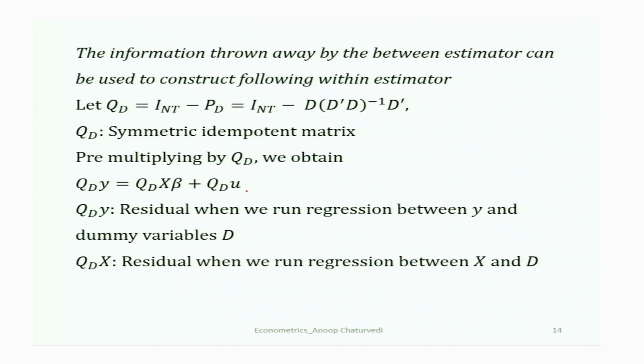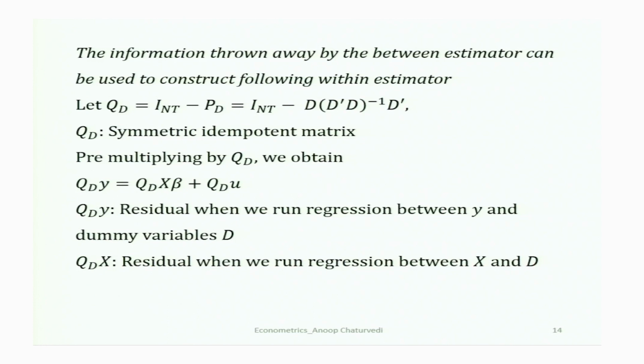Then Q d y is the residual when we run the regression between y and dummy variables d. We have already discussed all these steps earlier when we defined the within estimator, and then Q d x is the residual when we run the regression between x and d.